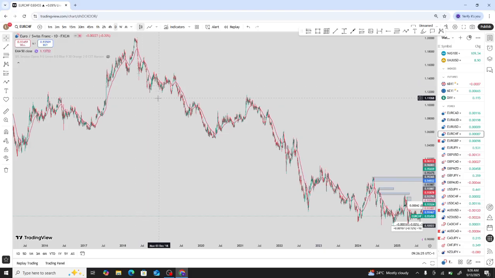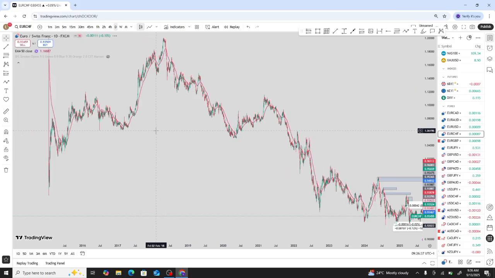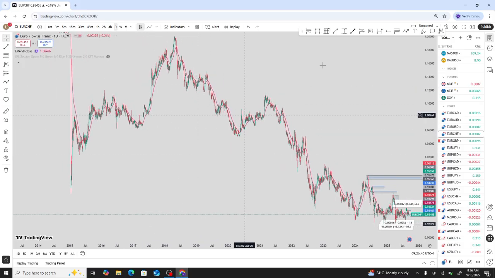No, this is from here, April 30th, 2018. It has been on a downtrend. Why is it a downtrend? You can see lower highs and lower lows, lower high, lower low, lower high, lower low, lower high, and lower low.